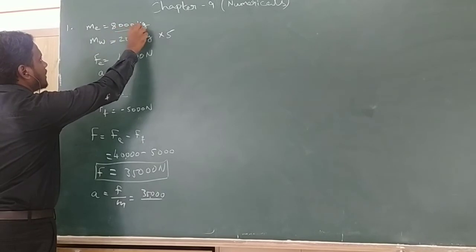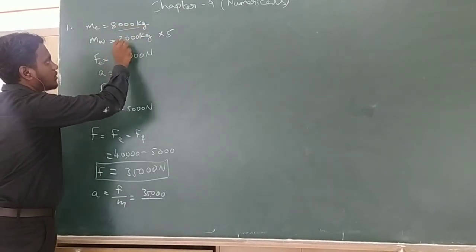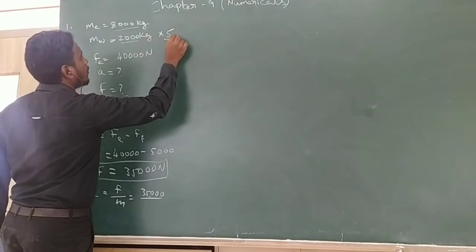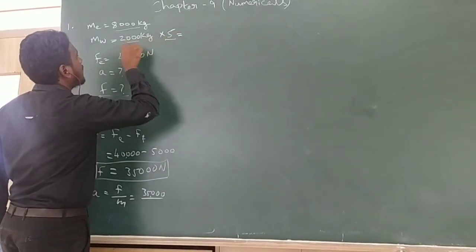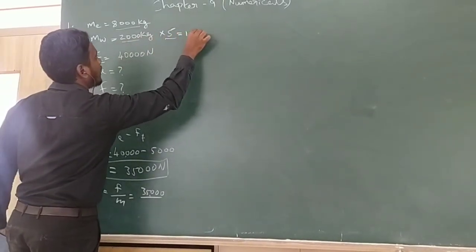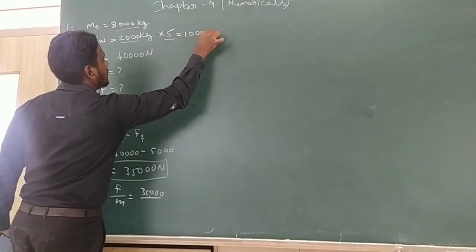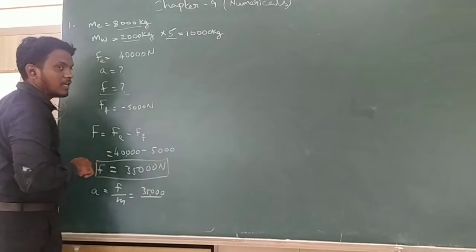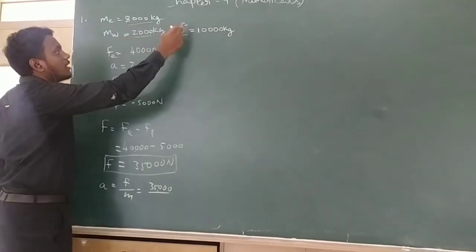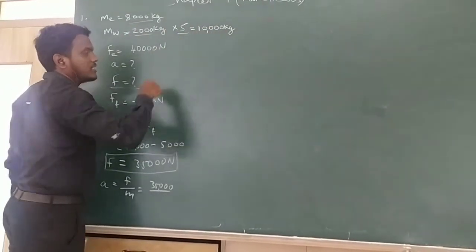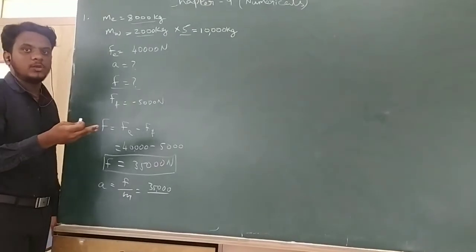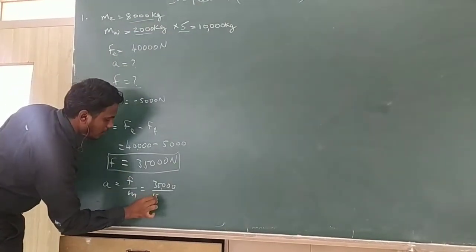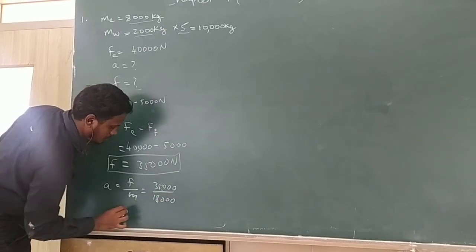The engine is 8000 kg. One wagon is 2000 kg, and there are 5 wagons, so 5 into 2000 equals 10,000 kg. The total mass of the train is engine plus wagons, 10,000 plus 8,000, which is 18,000 kg.